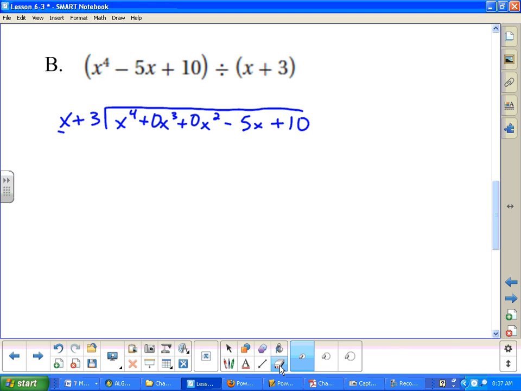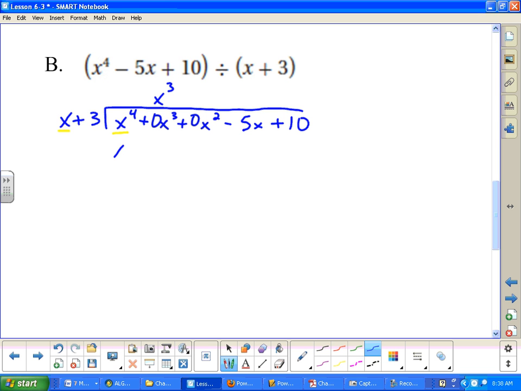So my first thing is I'm going to ask myself, what is x to the 4th divided by x? Focusing on the first one here and the first one there. X to the 4th divided by x is x cubed. So I put x cubed over the x cubed term. And then we multiply.